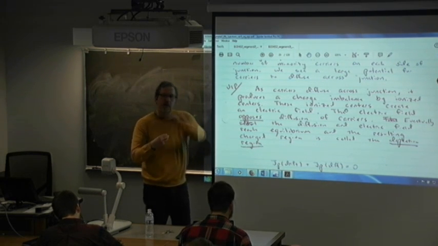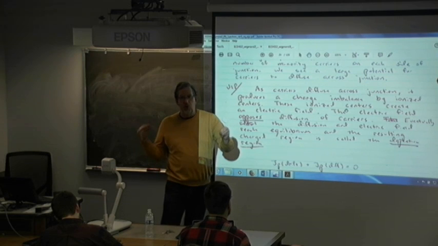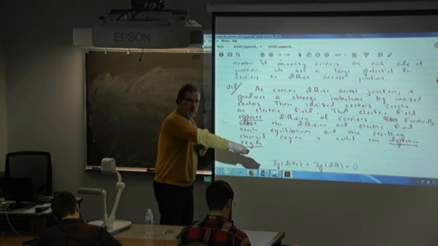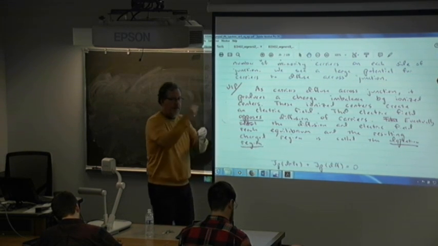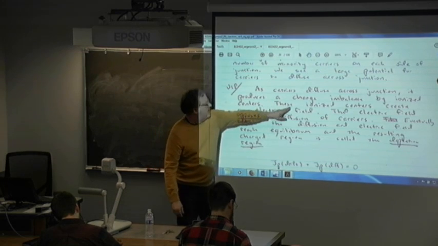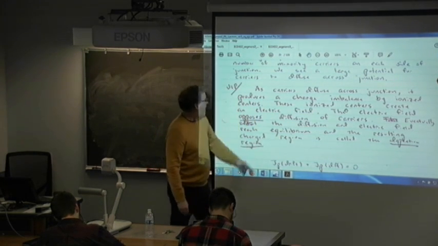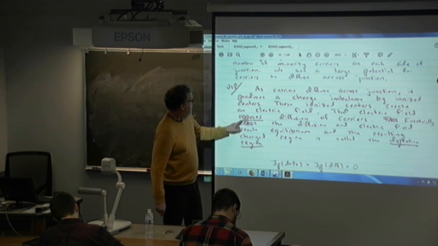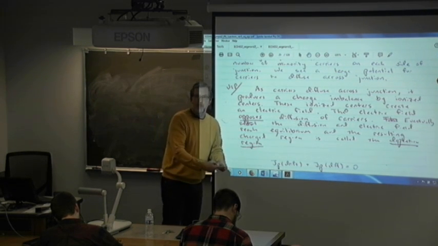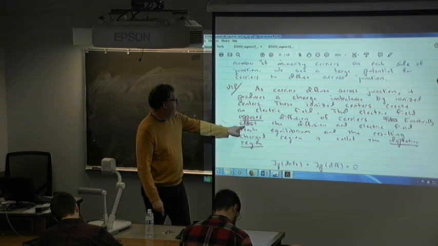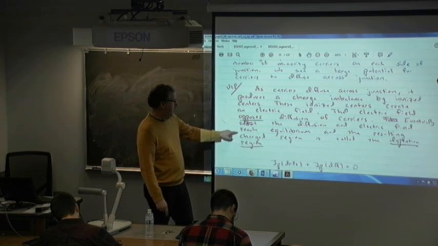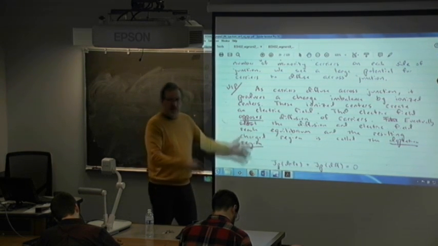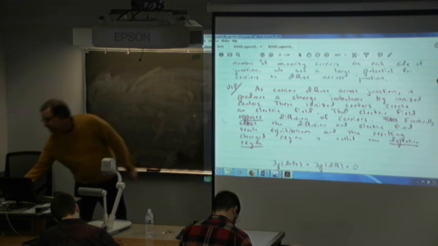The electrons coming across are leaving the ionized donor, and the holes are leaving the ionized acceptor. So they're leaving behind these ionized centers. That creates an electric field, so it's going to create this dipole. The electric field opposes diffusion, and so eventually the diffusion and electric field reach an equilibrium, so drift and diffusion balance each other out.